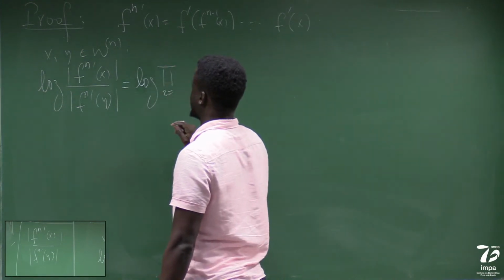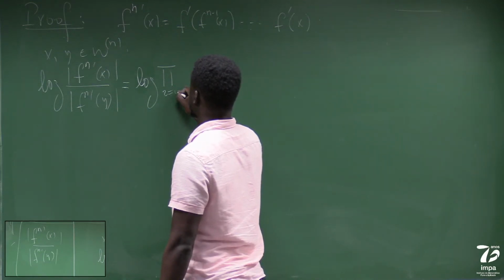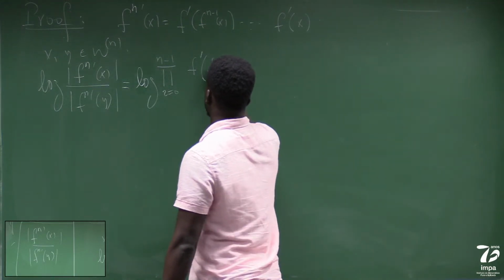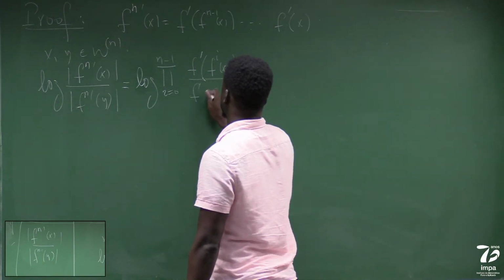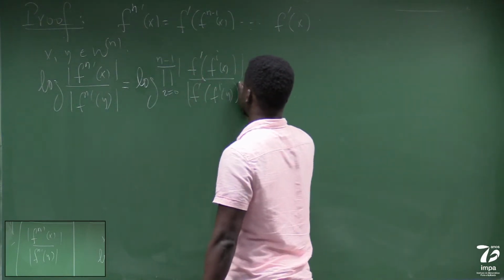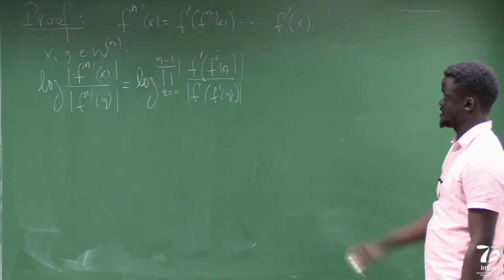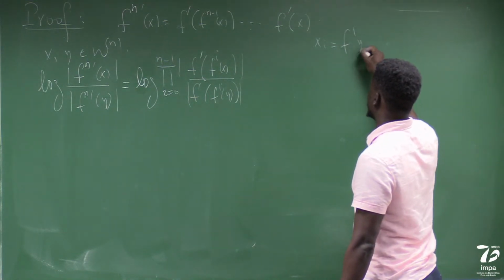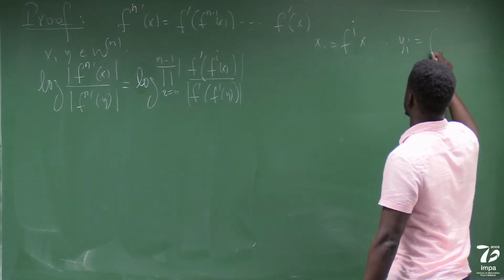i equals 0 to n minus 1 of f prime at f^i x over f prime at f^i y, like this, just using that above. So for simplicity, let's write x_i to be just, for notation, f^i of x and y_i equals f^i of y.